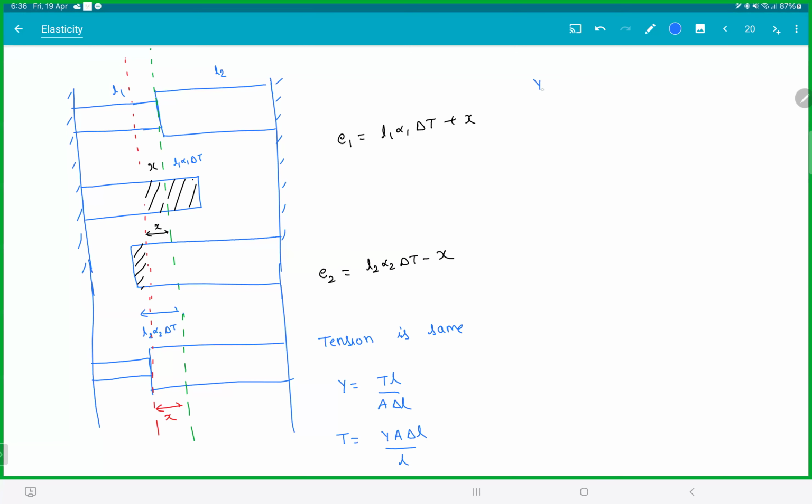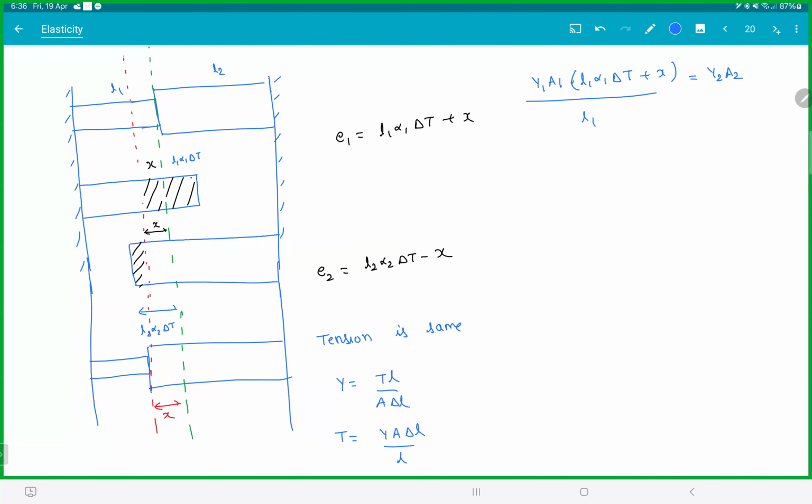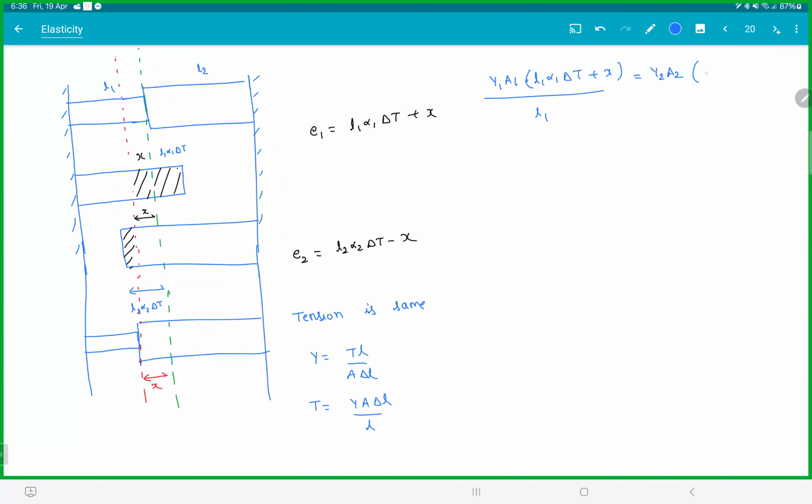So if you substitute the formulas, Y1 A1 delta L1, where the first elongation is L1 alpha 1 delta T plus X, by L1 should be equal to Y2 A2 into L2 alpha 2 delta T minus X, by L2. Rearrange the terms.